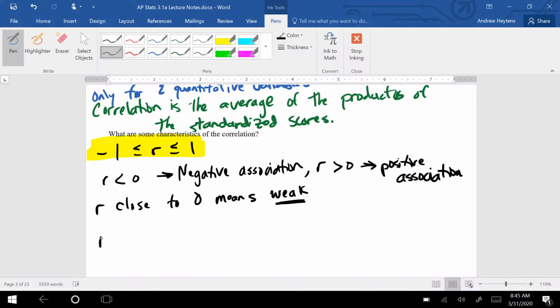If R is close to negative or positive 1, that means the strength is strong. So 0.9, negative 0.9, would be fairly strong. Close to 0 is weak. Close to positive 1 or negative 1 is very strong.